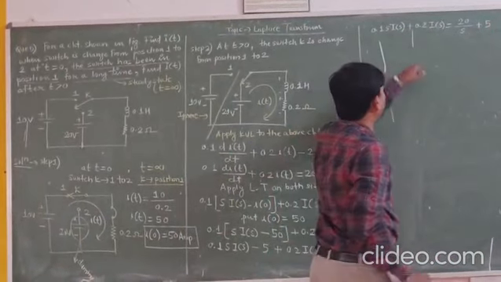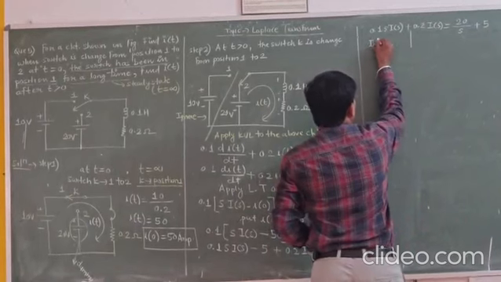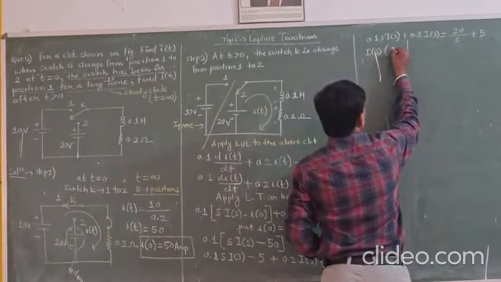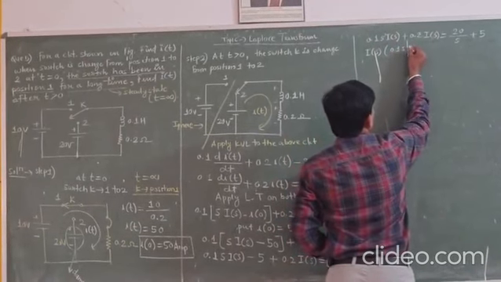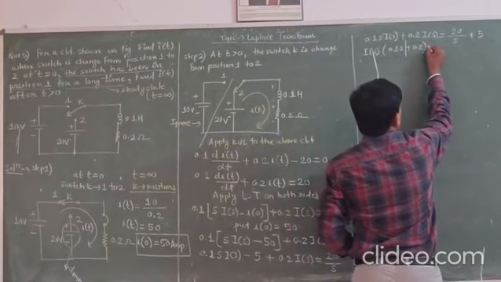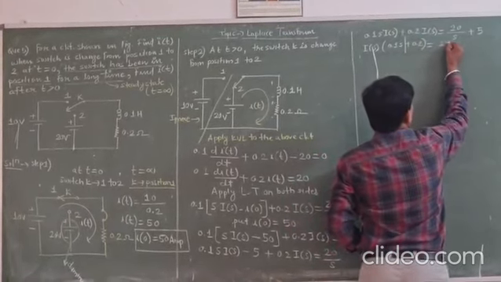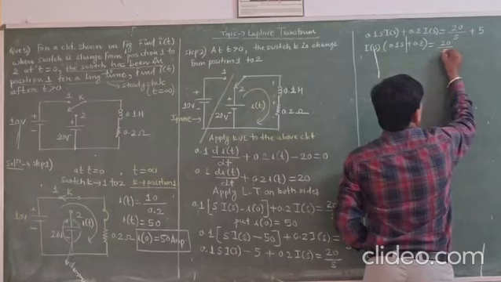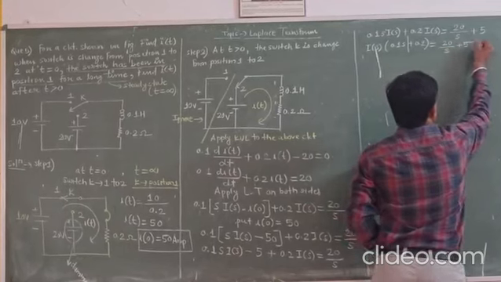Now taking I of s as common, 0.1 s plus 0.2 equals to 20 by s plus 5.